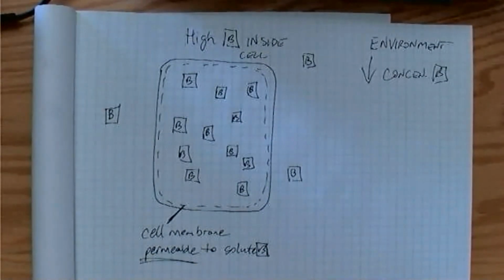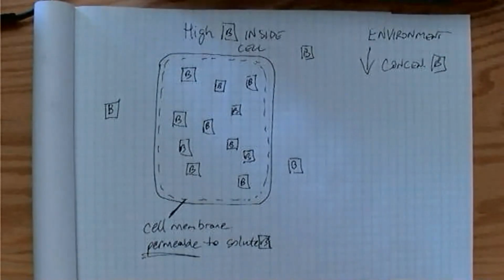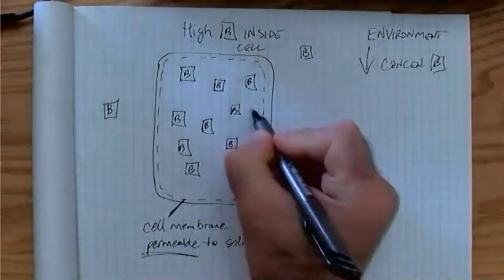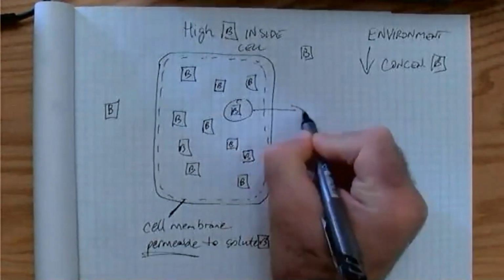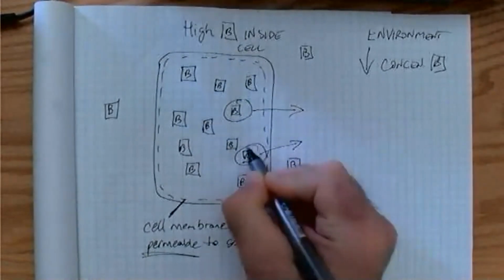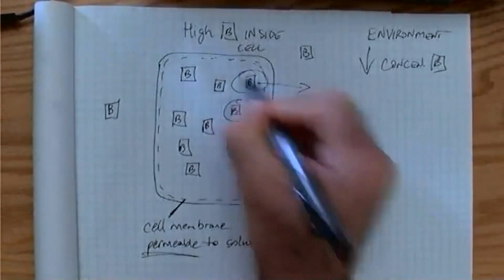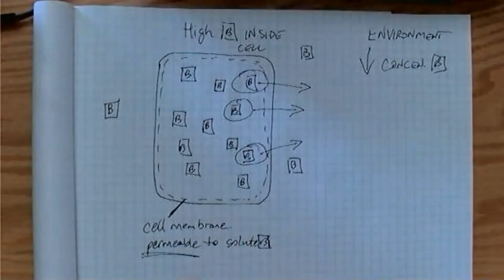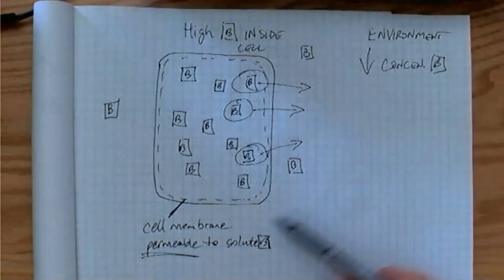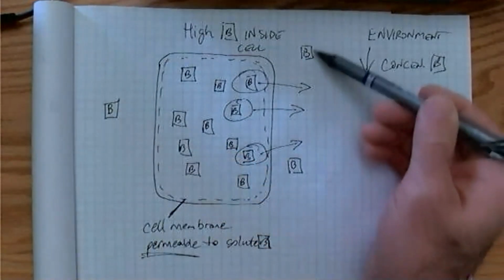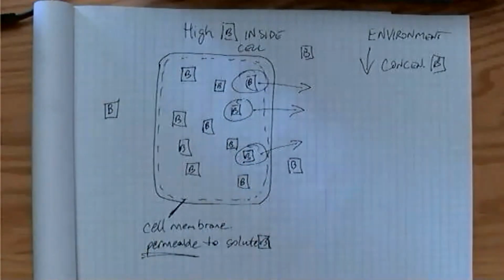So in this situation, what will happen? What is your prediction? Number one, what's going to move? Solute B is going to start to pass through the cell membrane. Okay, and it's going to move from high concentration to low concentration through the process of diffusion in order to balance out the concentration in the environment, in order to achieve equilibrium.